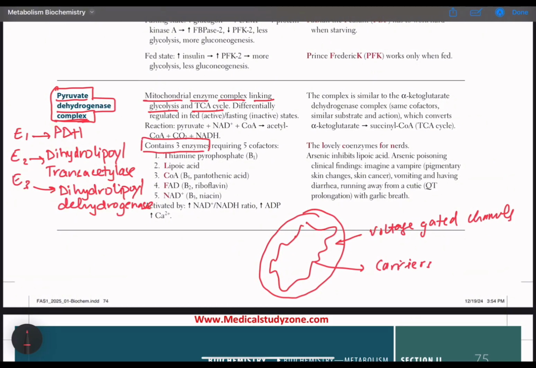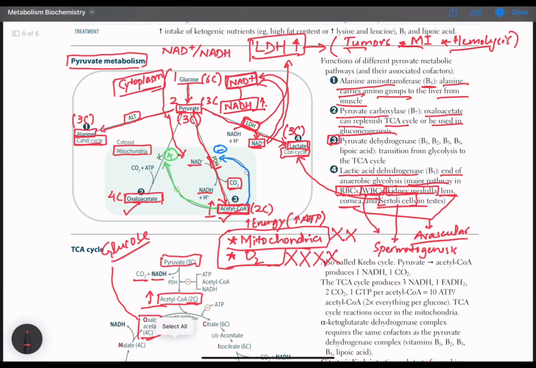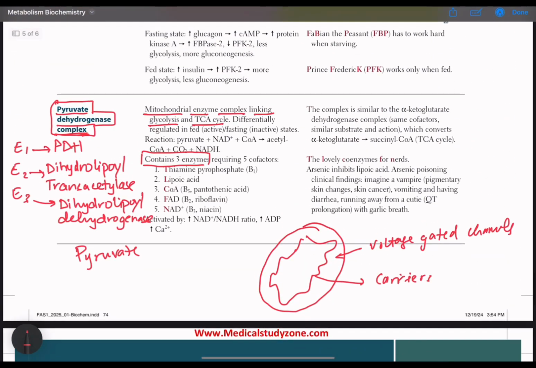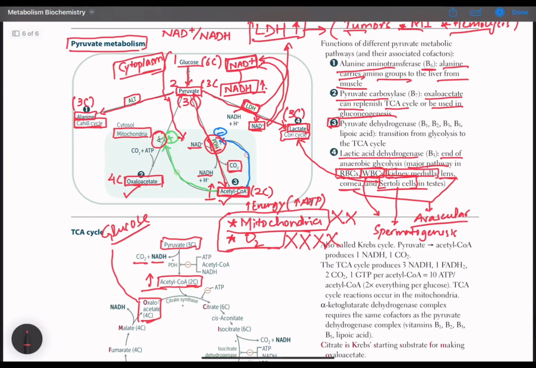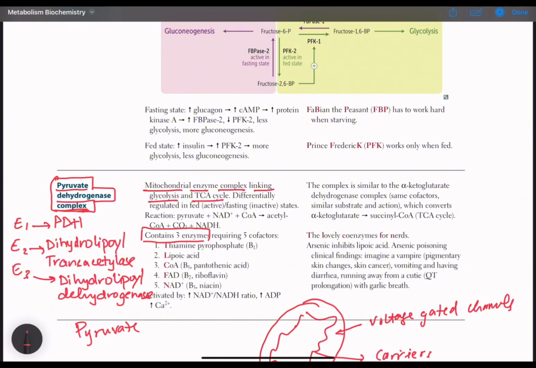Within mitochondria, the pyruvate encounters 2 enzymes: pyruvate carboxylase and pyruvate dehydrogenase. What does pyruvate dehydrogenase do? It channels pyruvate into the TCA cycle. And what is the reaction?